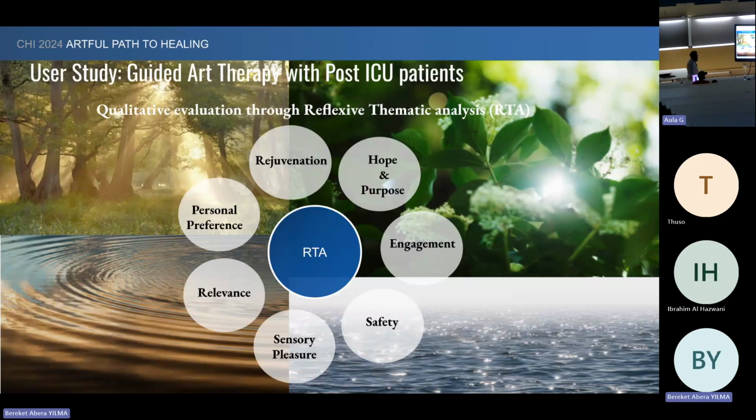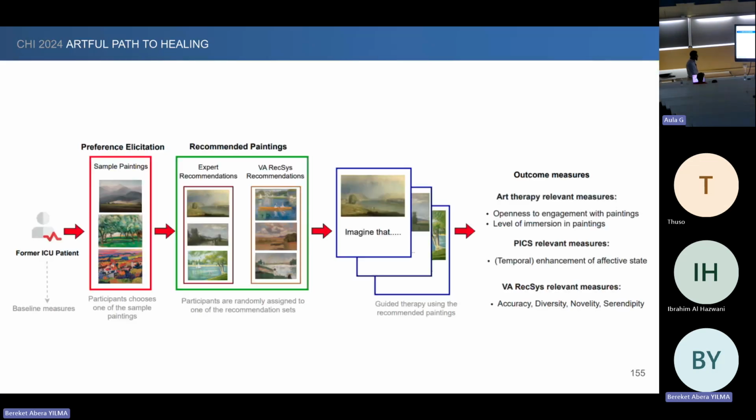Why? That's true. So a natural approach is to put a human in the loop.